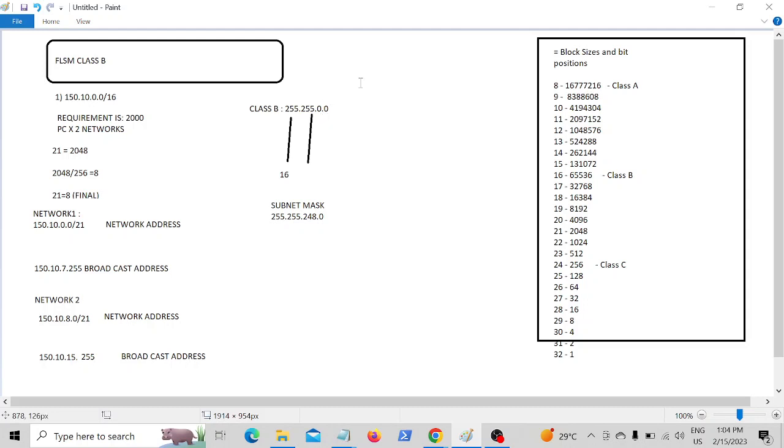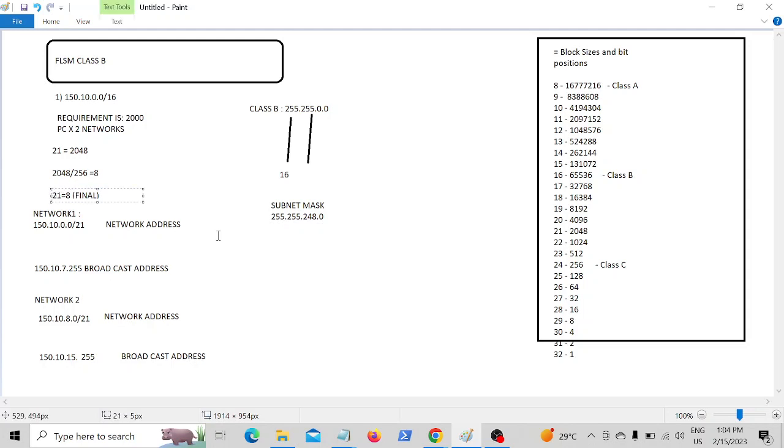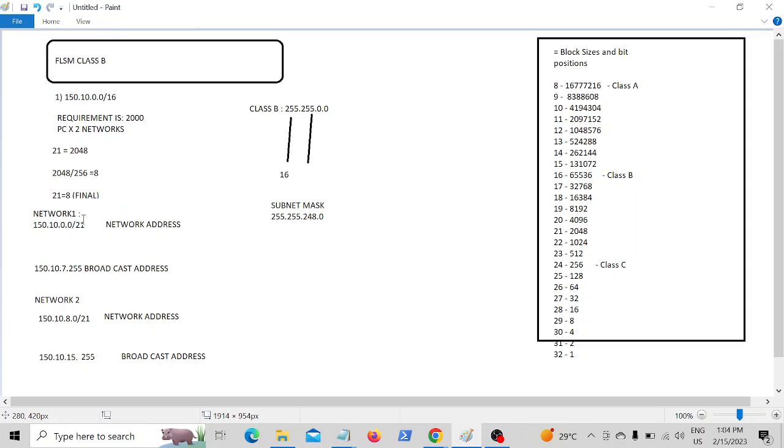In the beginning classes I told you guys, an IPv4 address is 32 bits. It has 4 sections, and each section has 8 bits. Now this 16 is already reserved. We cannot make any changes because it's already 255, 255. So here the requirement is 21, the bit position is 21. So I want the subnet mask for this requirement of 21.